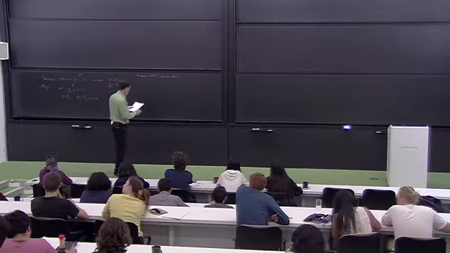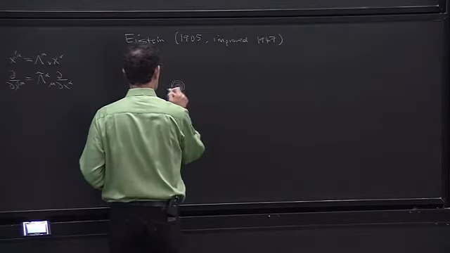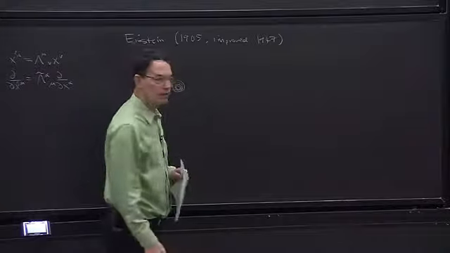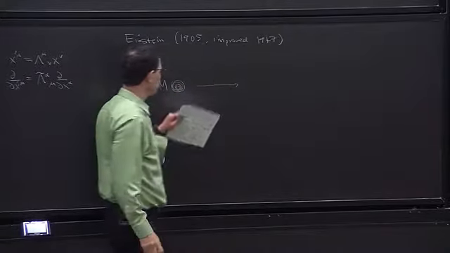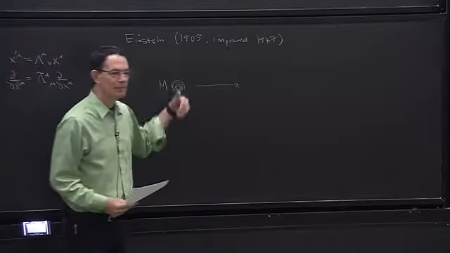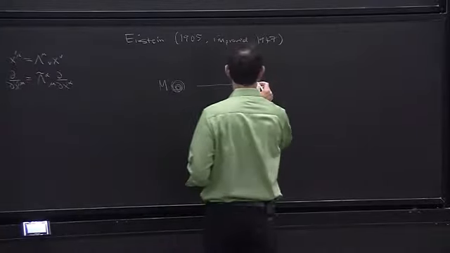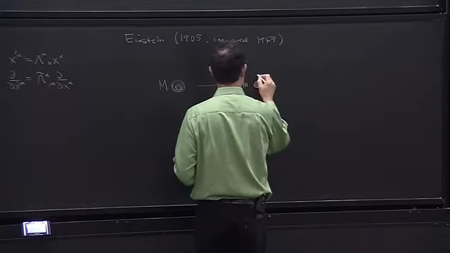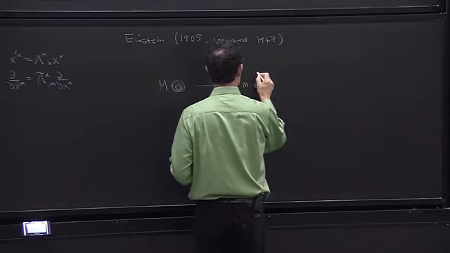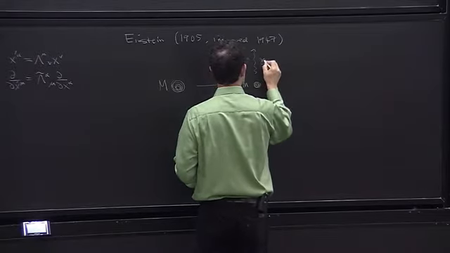Okay? So consider the following situation. I've got some massive particle of mass m, and then after a while, this represents time. After a while, the massive particle emits 2 photons. It changes into another particle of mass little m, and it emits 2 photons.